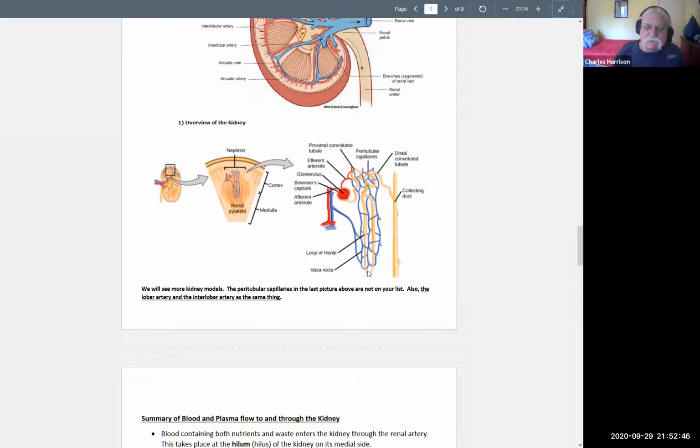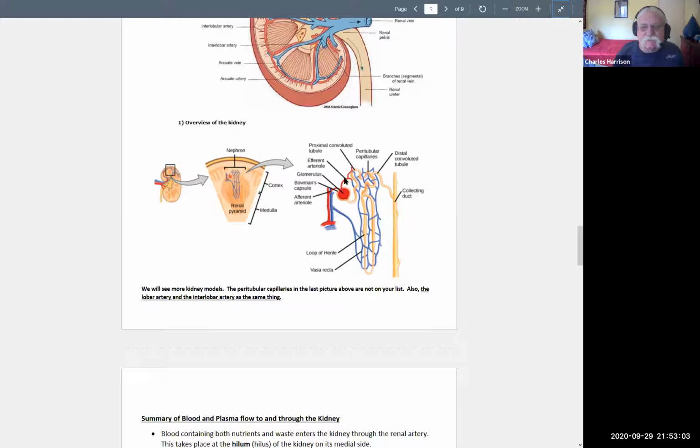It's having toxic material, nitrogenous wastes primarily, being removed. Now there's some good material in this plasma too, and that's being retrieved.